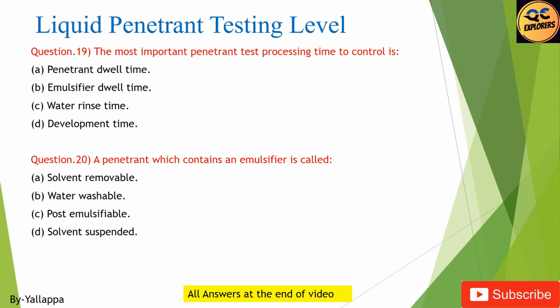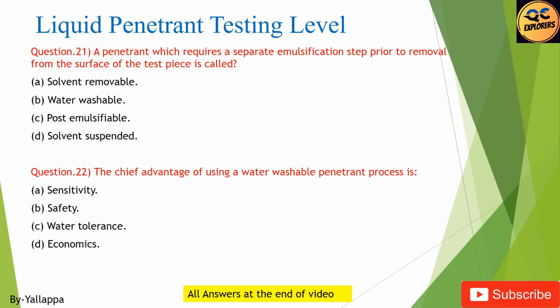Question point 19. The most important penetrant test processing time to control is penetrant dwell time, emulsifier dwell time, water rinse time, development time. Question point 20. A penetrant which contains an emulsifier is called solvent removable, water washable, post-emulsifiable, solvent suspended. Question point 21.